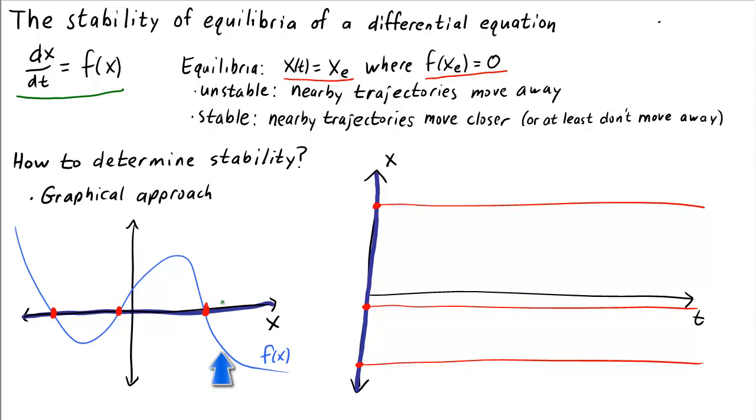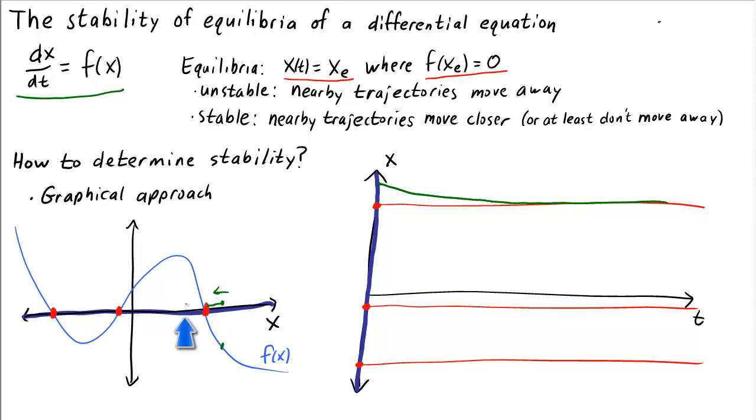Well, for this value of x, f is negative, so that means I must move to the left. So if I start over here to the right, I should move with time toward the equilibrium. If I were to plot this versus time on the right, I would start up here, and as time evolves, I should get closer to the equilibrium.